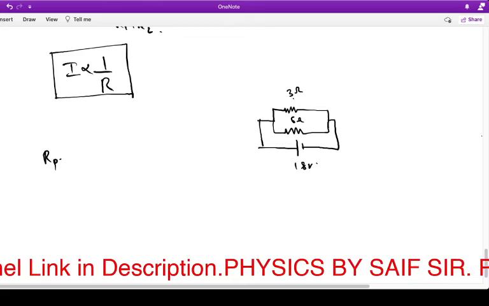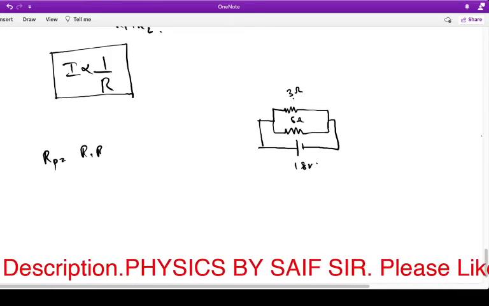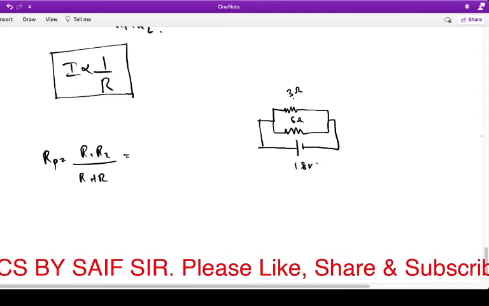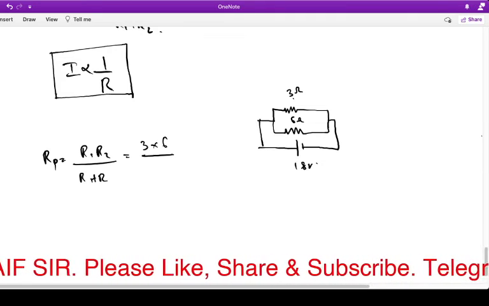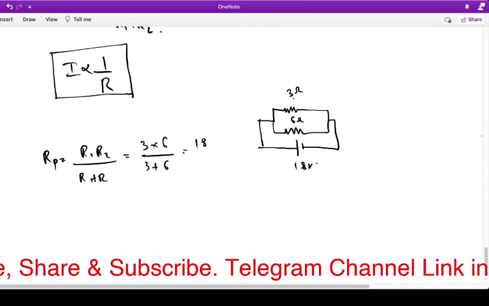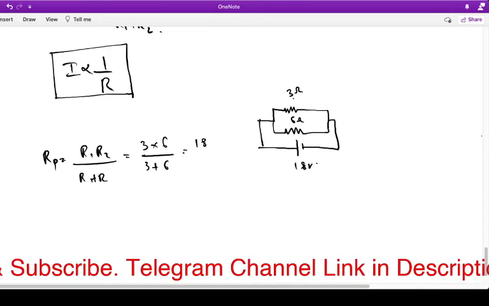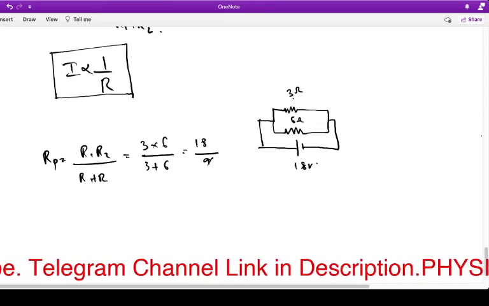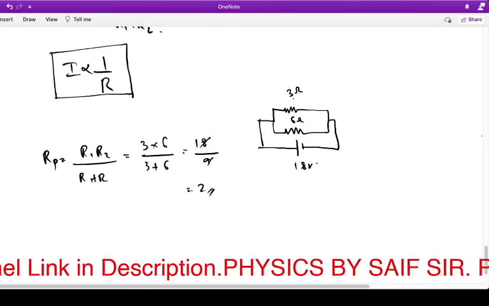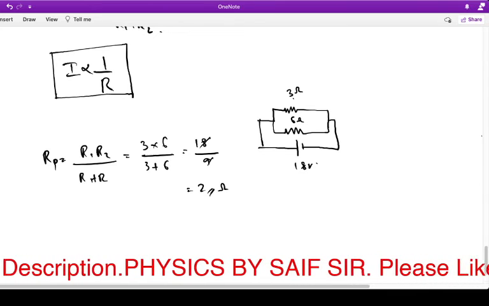Rp is equal to R1 R2 by R1 plus R2, which is equal to 3 into 6 by 3 plus 6, that is 18 by 9. This is equal to 2. Okay, so the total resistance Rp is 2 ohm.